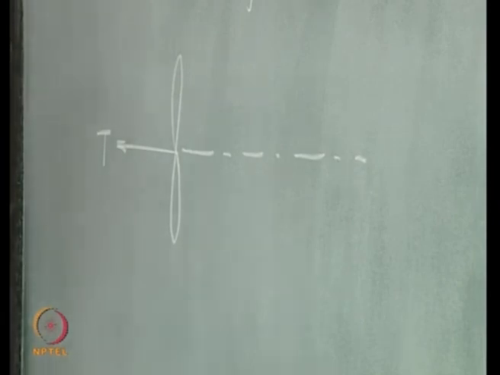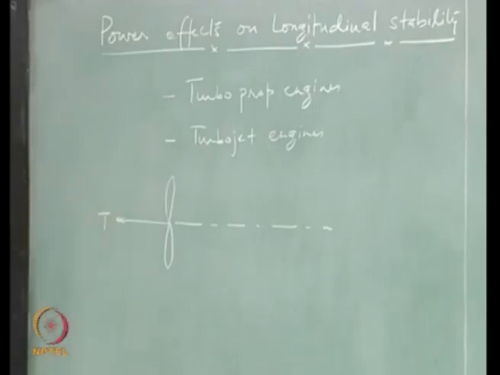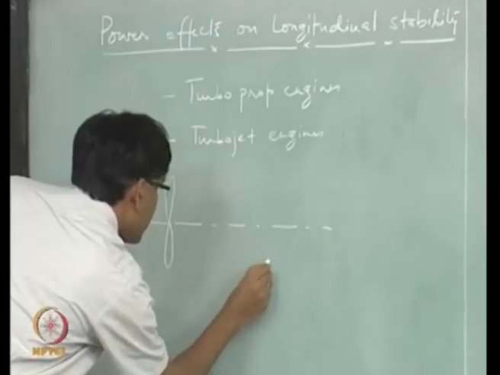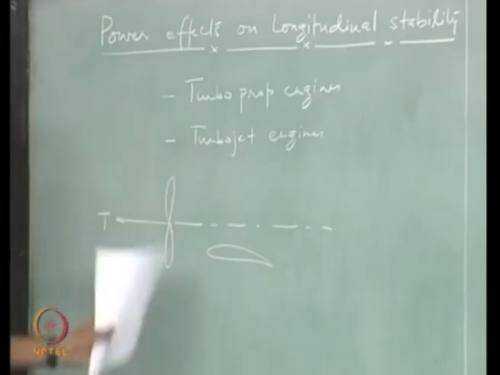For many small aircraft, you will find that the engine is this kind of engine. Okay, the turboprop engine is at the nose, right. So, it is in front of the wing.